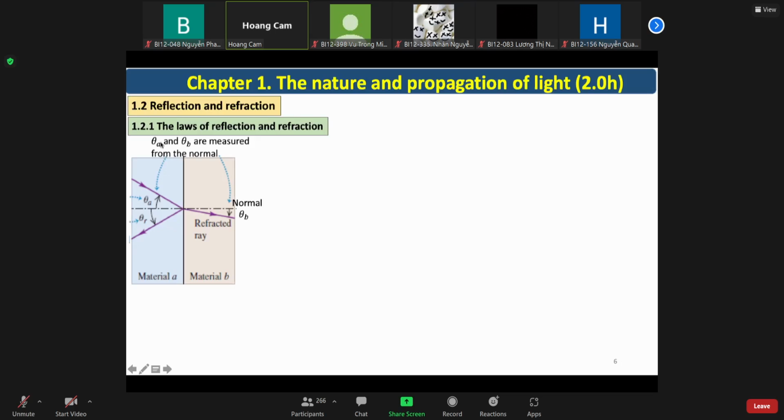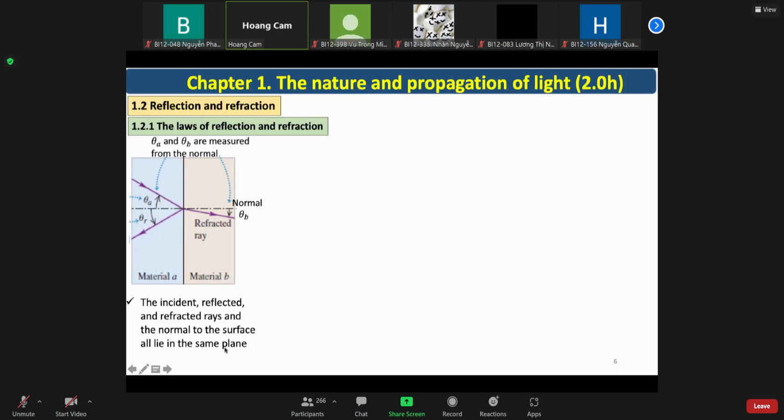So theta A and theta B are measured from the normal. So pay attention to the normal here, and then theta B here. And we see these incident, reflected and refracted rays and the normal as well. These 4 lines, they all lie in the same plane.